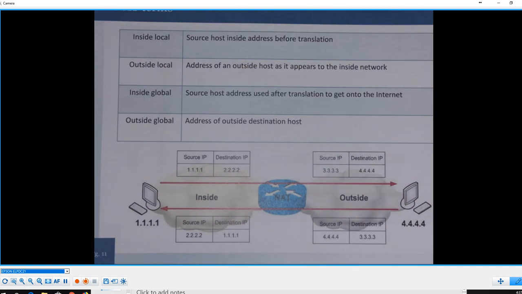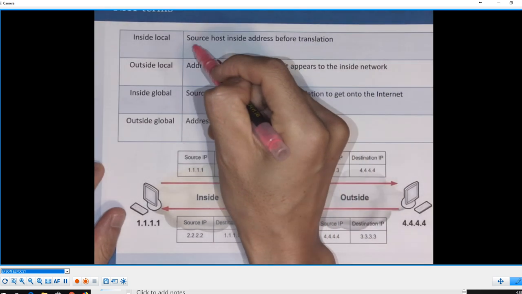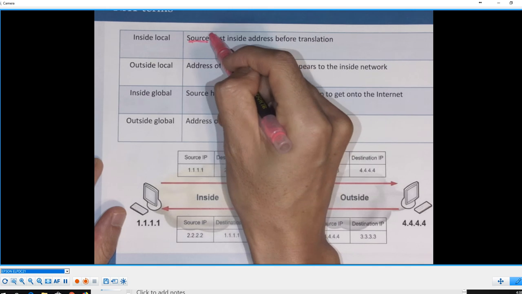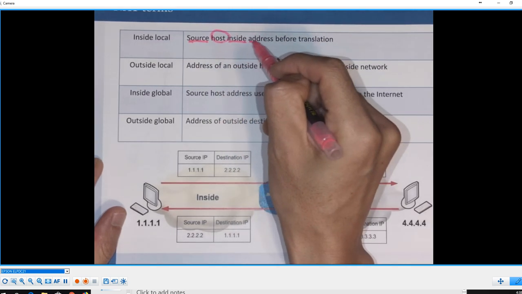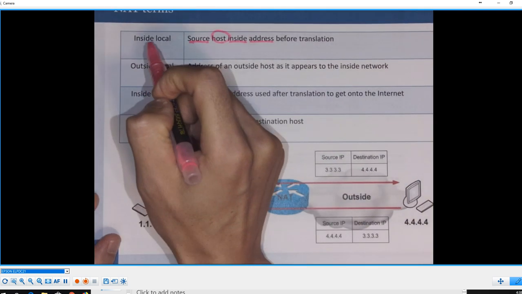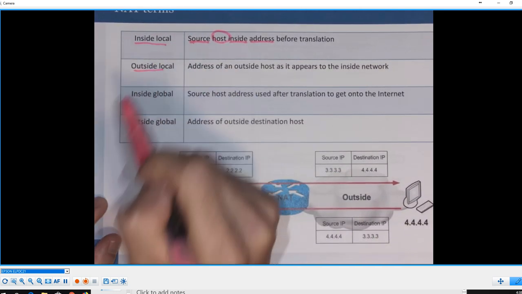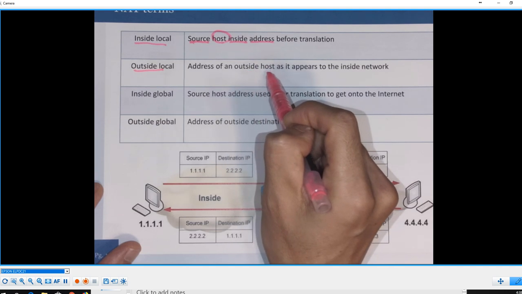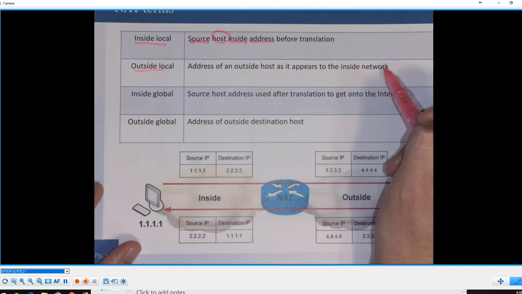First, it's called inside local. So let me just highlight a couple of keywords. Inside local means the source host IP address inside. So this is the source host inside address, before translation. And then outside local. So this is inside local, right? And outside local means the address of an outside host as it appears to the inside network.